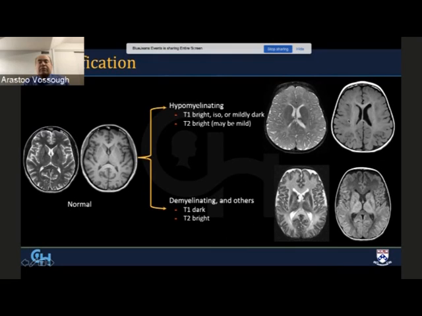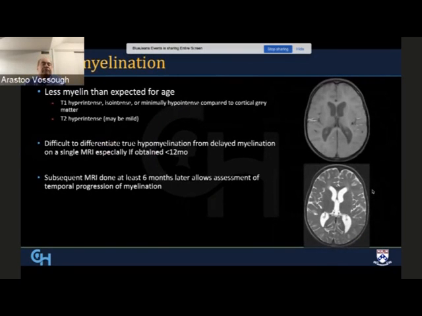In a hypomyelinating brain, the T1 may be normal appearing or almost normal appearing, isointense, or maybe even in some areas mildly dark. And you have the T2 hyperintensity as well, which may be mild. Whereas in the demyelinating disorders, you have the T2 hyperintensity, but often the areas of involvement have T1 hypointensity and are dark on T1. This could be a good starting point in segregating out the different disorders.